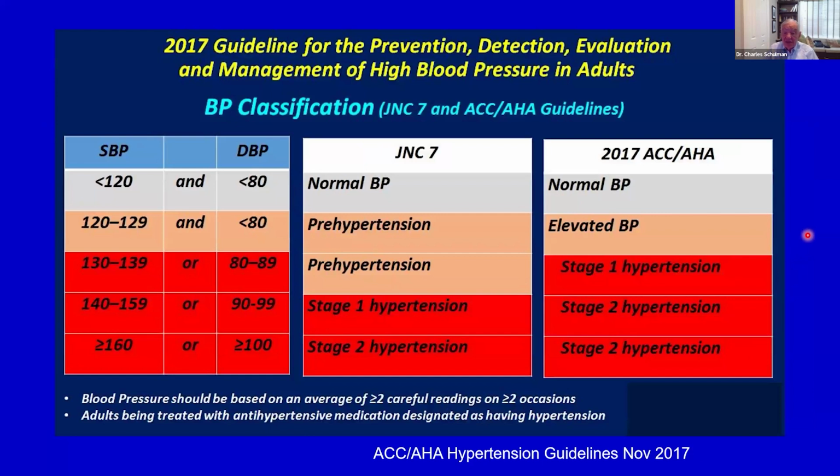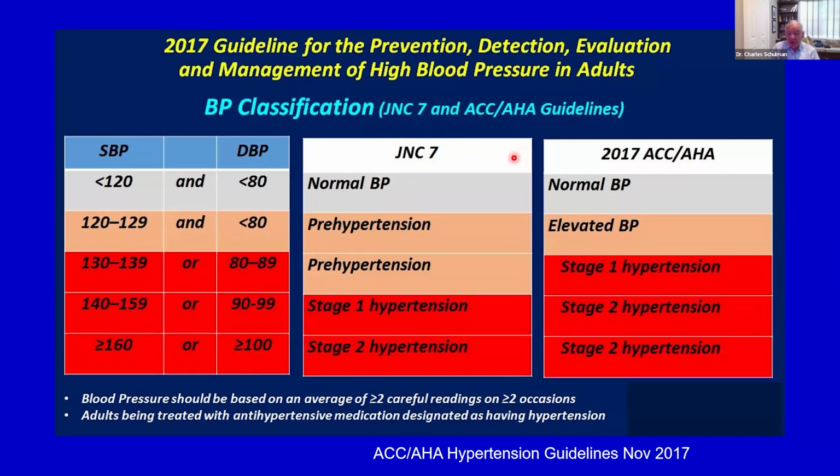Now, in years past, there was something called the JNC, the Joint National Committee for the Prevention, Detection, Evaluation and Management of High Blood Pressure. JNC number 7, so there were 6 previous ones. JNC number 7 was 2003. After that, there was an attempt at JNC 8, but it was never really published, and this Joint National Committee basically went out of business.